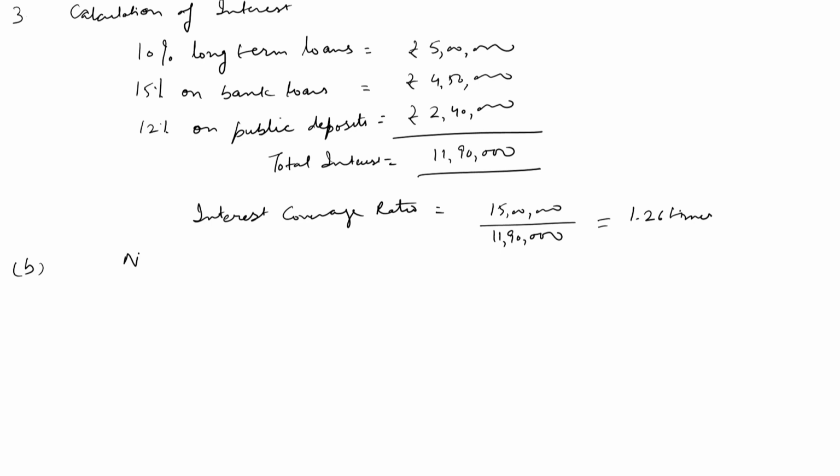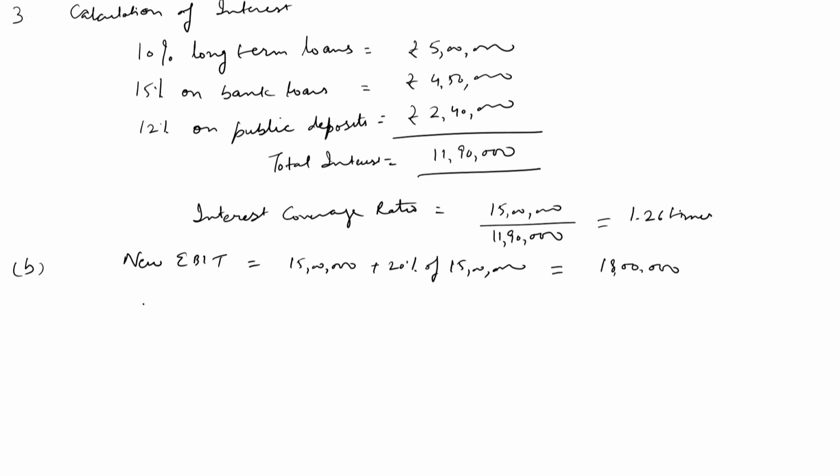So our new EBIT will be 15 lakhs plus 20% increase as given in the question, the total amounting to rupees 18 lakh. And for the additional borrowing, we expect it will be at par with the bank loan, so the interest paid on it will be 15%.